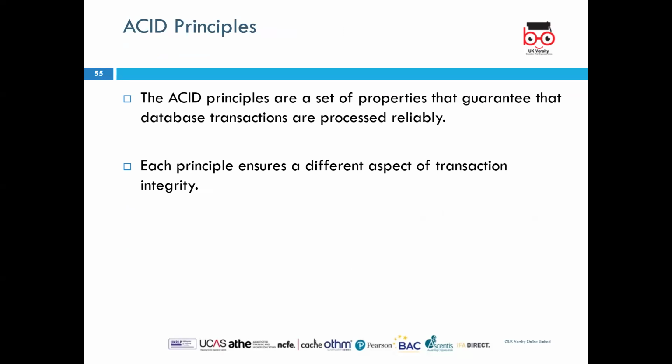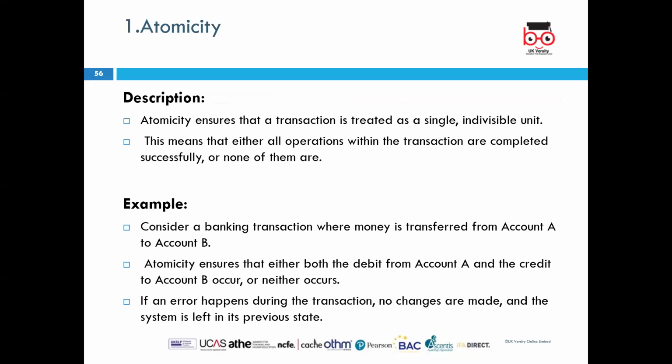Some of the key concepts of our database administration are the ACID principles, which are a set of properties that guarantee that database transactions are processed reliably. A stands for atomicity.